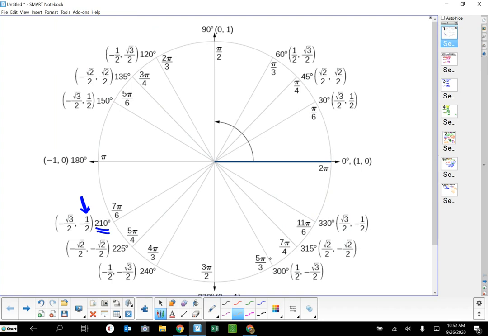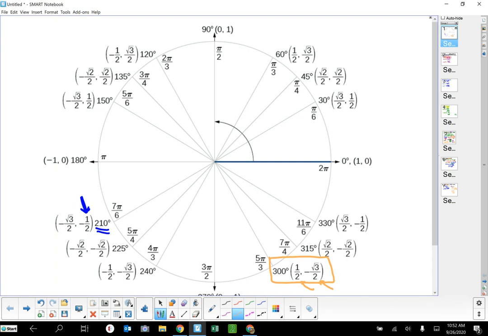Okay, so here's what we're looking at. X is a half, y is negative rad 3 over 2. So if you recognize something off of your unit circle, cosine is a half, you know from the first chapter that that actually happens somewhere. Do you need to do all of that work with the Pythagorean theorem? No. But if you don't recognize it, you can do that work.